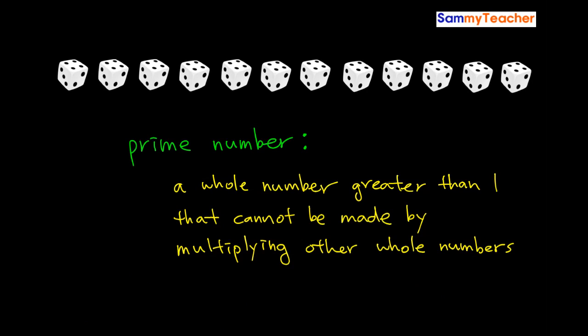So if I list some of the prime numbers, the list will start from 2, and then 3, and 5, 7, 11, 13, 17, 19, 23, and so on.